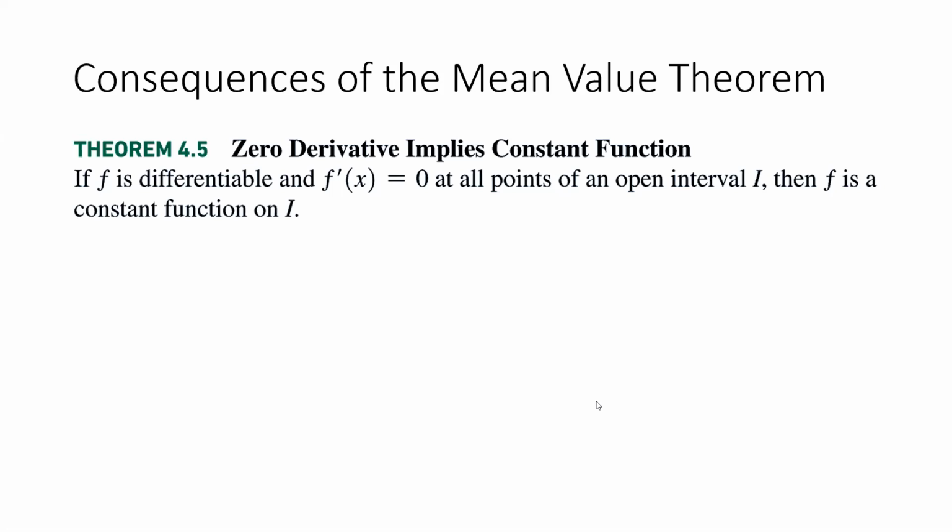Actually, we know one direction of this: if I do have a constant function, then the derivative must equal 0. So this is going the other direction, which says if we have a function whose derivative is always equal to 0, then it must be a constant function.